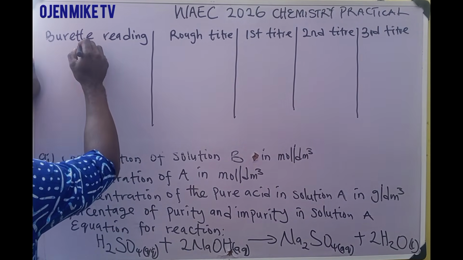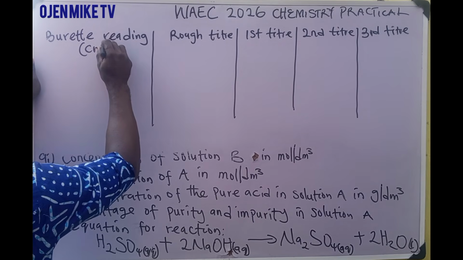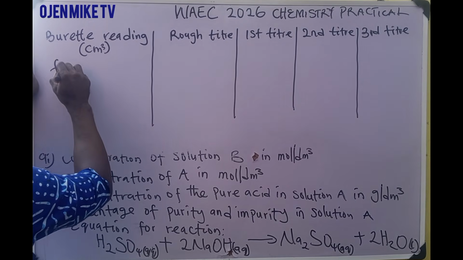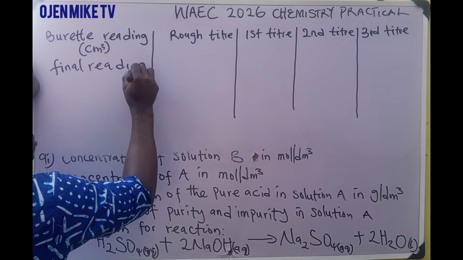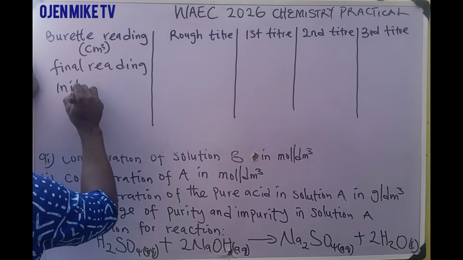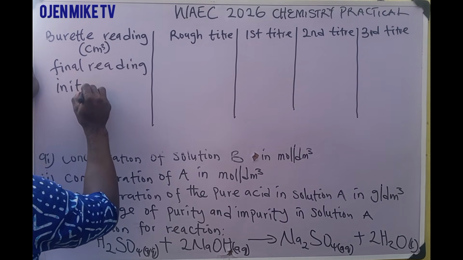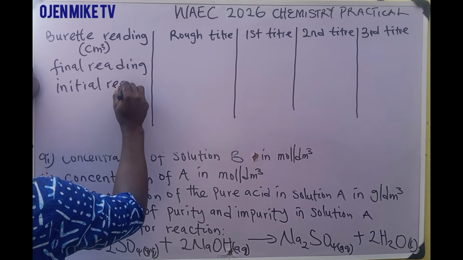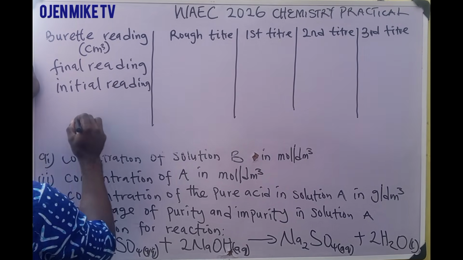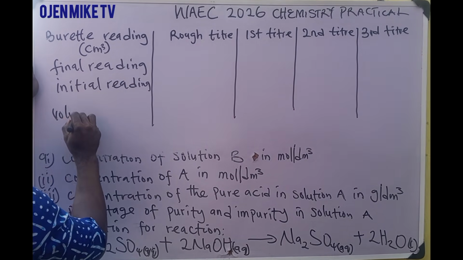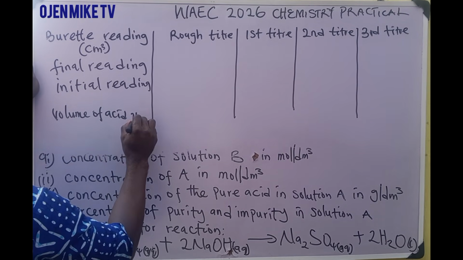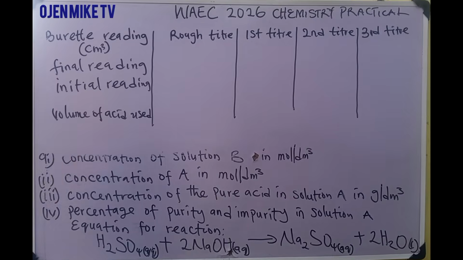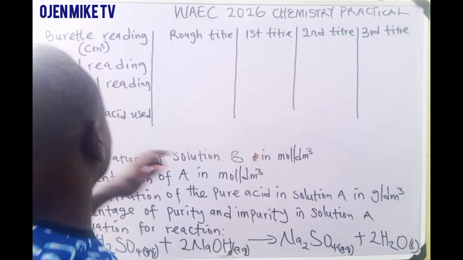All of them are in cm cubes. After that we have the final reading, the initial reading, and the volume of acid used. This is how your table should be.